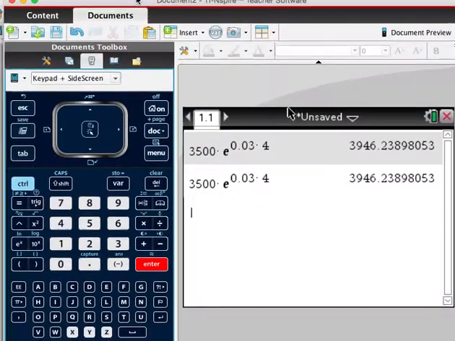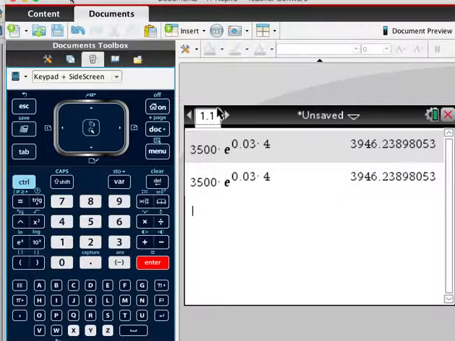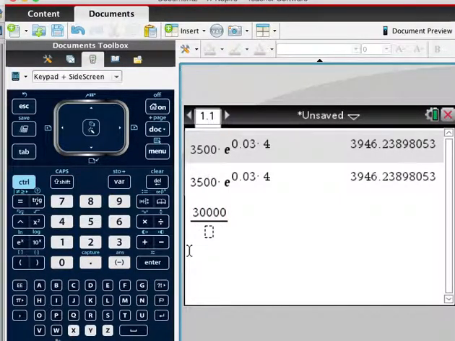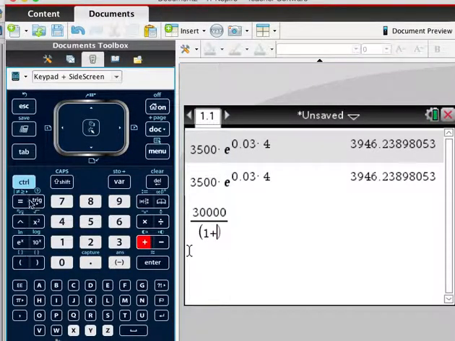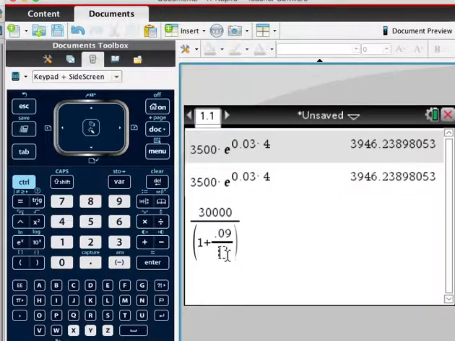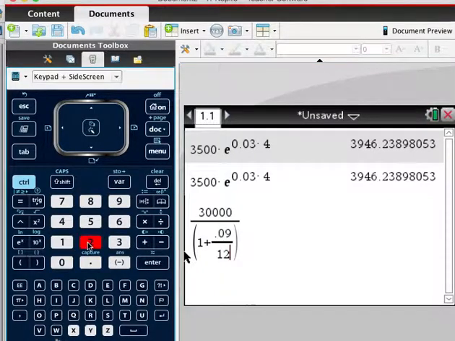So I'll bring up my calculator and I will enter in the expression that we would like to calculate. I'll do control divide, so it's a little bit easier to enter. 30,000 divided by, I need parentheses here. So I'll put inside parentheses 1 plus, control divide to get another division symbol in math type, 0.09 divided by 12.